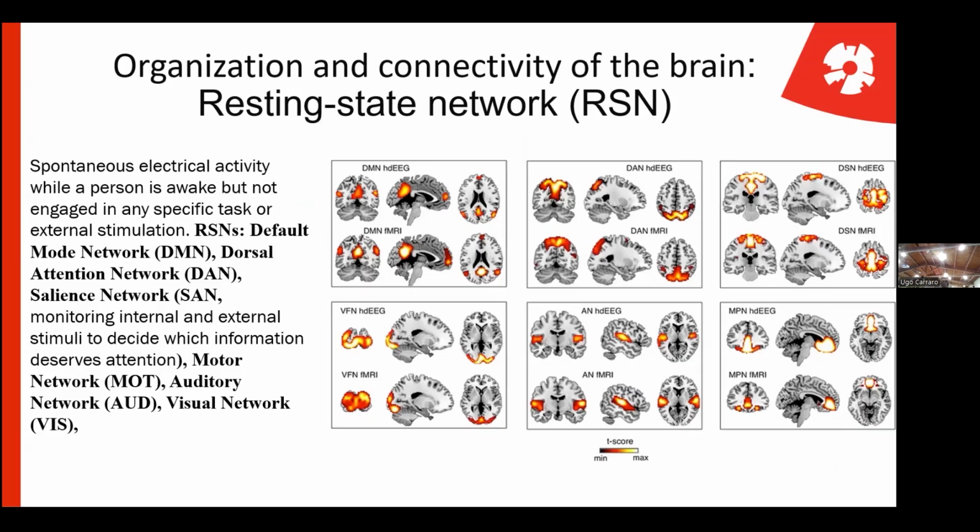And these networks are the default mode network, dorsal attention network, salience network, which has more to do with how we process information, motor network, auditory network, and visual network. They are all the main functions of the brain, and they have specific areas of activation.